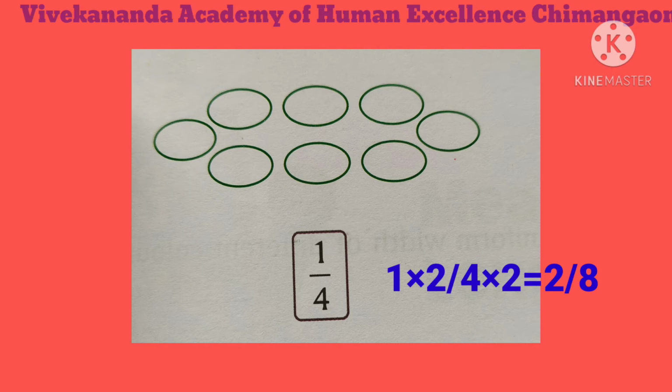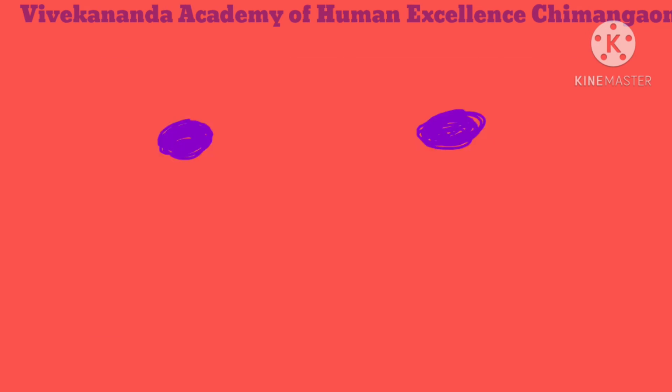We get the equivalent fraction of 1 upon 4 as 2 upon 8. So out of 8 oval shapes, we shade 2 oval shapes. So now we shade here 2 ovals.